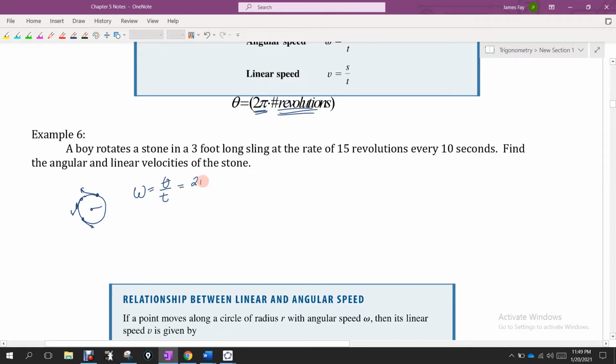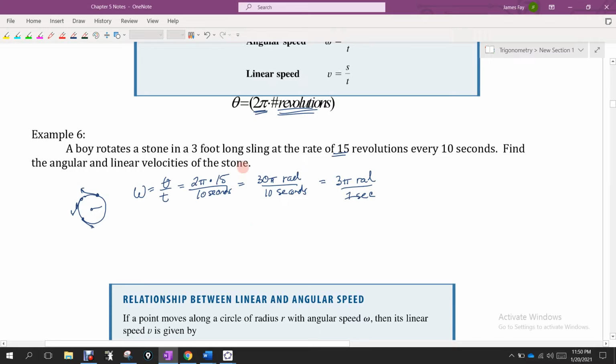So 2 pi, number of revolutions we're doing is 15, and we're doing this for 10 seconds. So then we're going to take 2 pi times 15, so that's 30 pi radians per 10 seconds. So that's going to give me then 3 pi radians per 1 second.